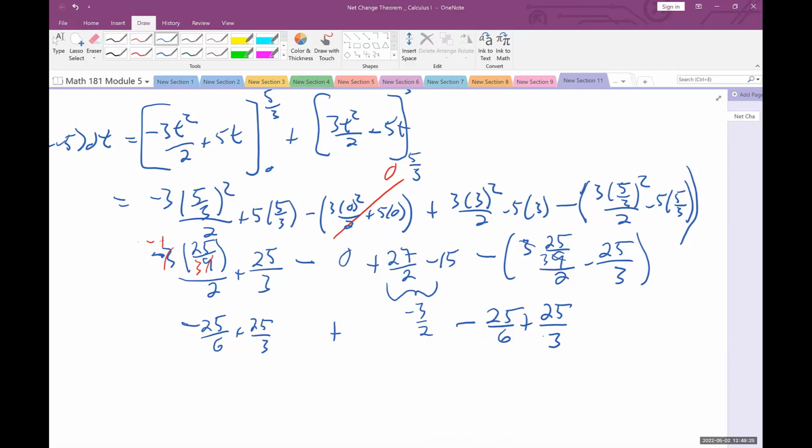Common denominator is 6 if we want to do that. Except I see a minus 25 sixths and a minus 25 sixths. That'd make it minus 25 thirds, wouldn't it?